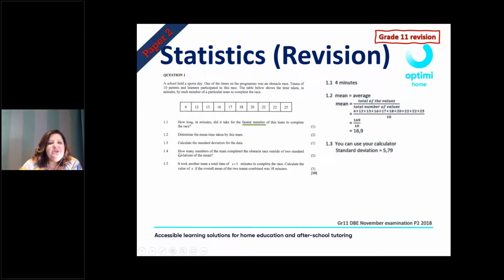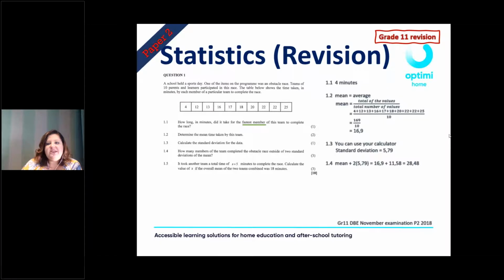Okay, question 1.4. How many members of the team completed the obstacle course outside of 2 standard deviations of the mean? So they want to know, if I have my mean value and I add 2 standard deviations and I subtract 2 standard deviations, which values fall outside of that? And we call that our outliers as well.